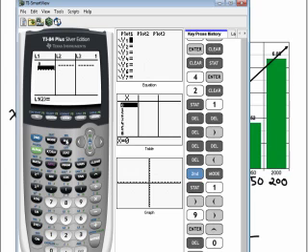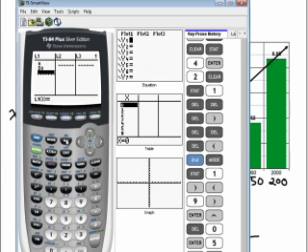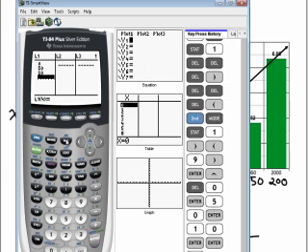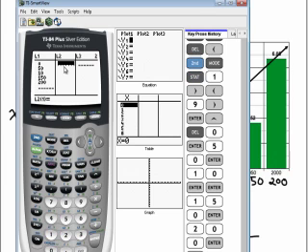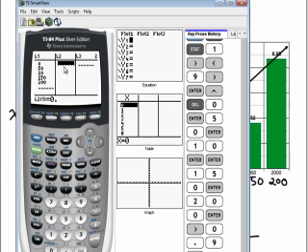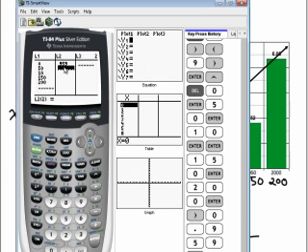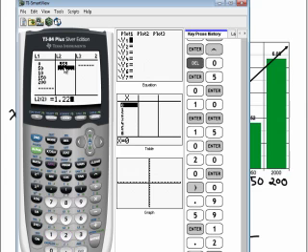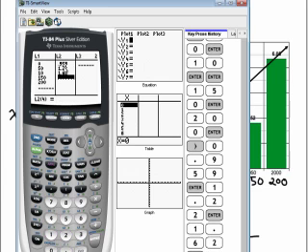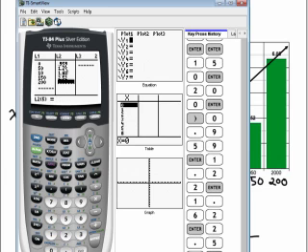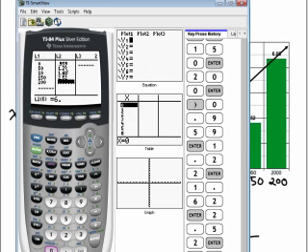My x's are 0, 50, 100, 150, and 200. And my y values are 0.959, 1.22, 1.62, 2.52, and 6.08.